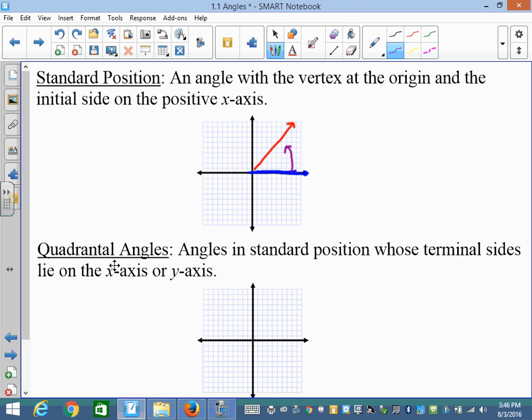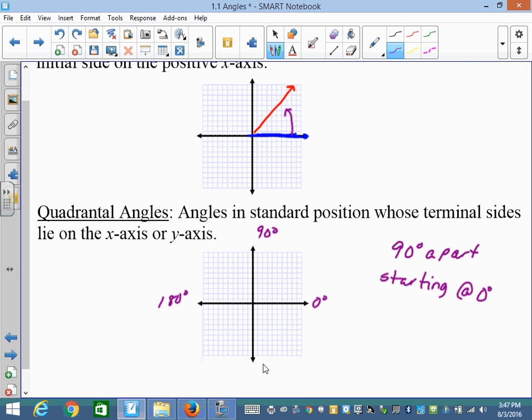Okay, in here we have quadrantal angles. Your quadrantal angles are 90 degrees apart, starting at 0. This is 0 degrees here. There's 0, there's 90, 180, 270, and our 360.